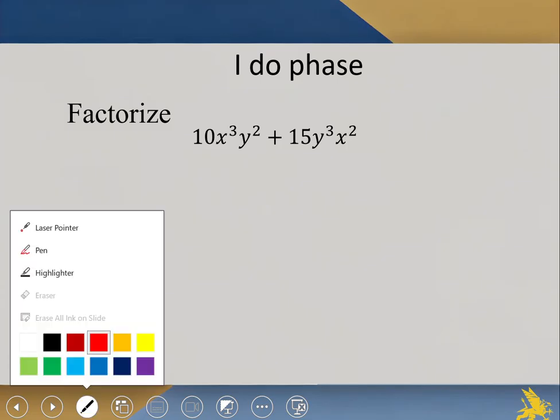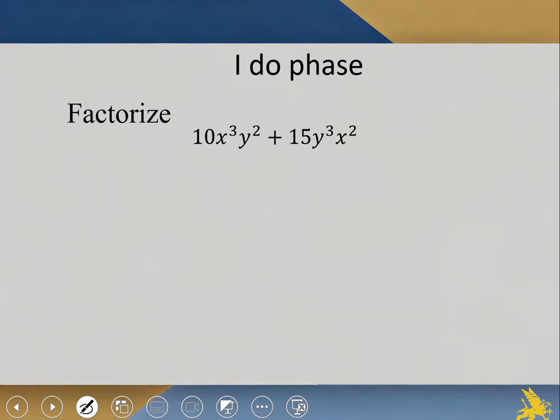So we are going to start off with simple factorizing. This one here, we've got 10x to the power of 3y squared plus 15y to the power of 3x to the power of 2. The first thing I like to think about is we're going to be factorizing by grouping something out of here from these two terms.